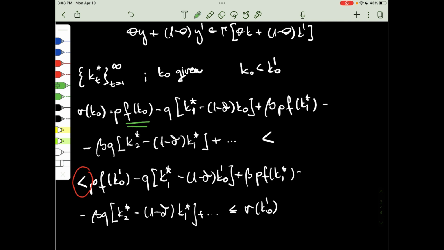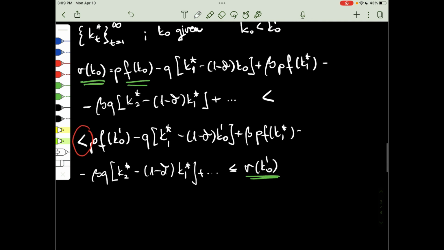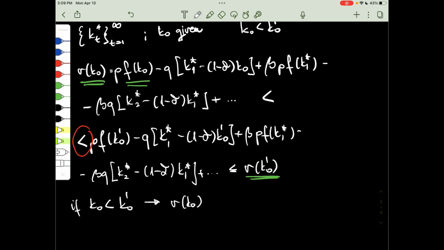But given the fact that gamma is non-empty, if this inequality holds, then by the fact that f, the production function, is strictly increasing, we can conclude that the value function is also strictly increasing.